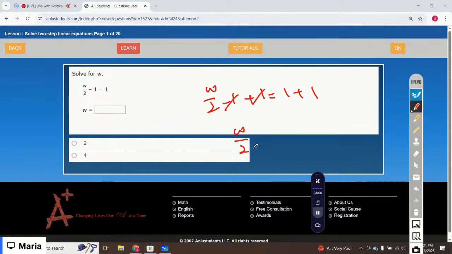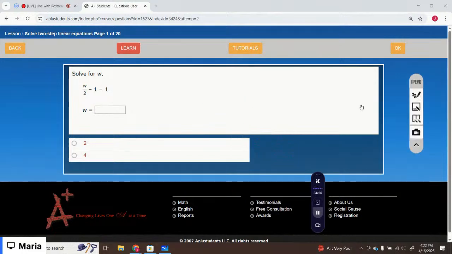We have W over 2 equals 2. W equals 4. That is W equals 4. Option number 2 is the correct option.